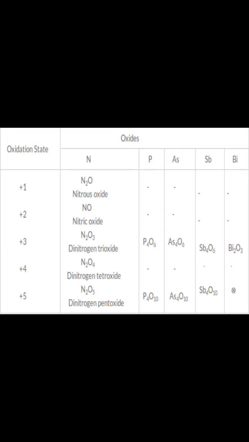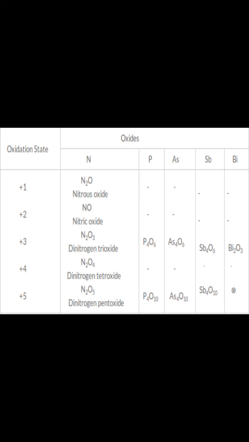That's why nitrogen shows the negative oxidation state. As we move down, the negative oxidation state also decreases. And one of the specialities of nitrogen is that nitrogen does not have any d orbital. So as a result, the availability for bonding decreases.